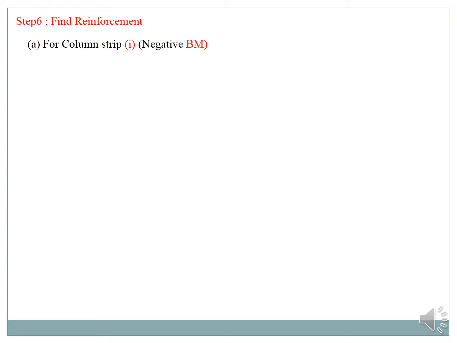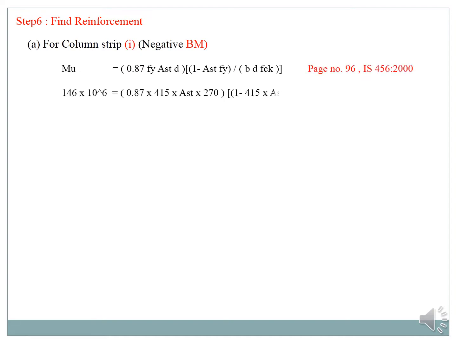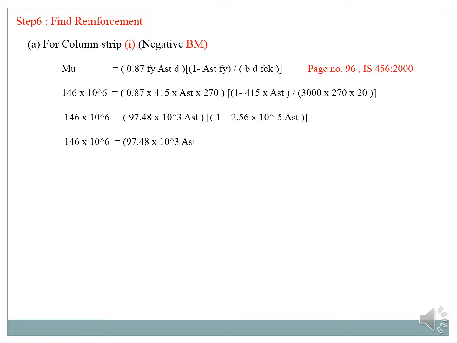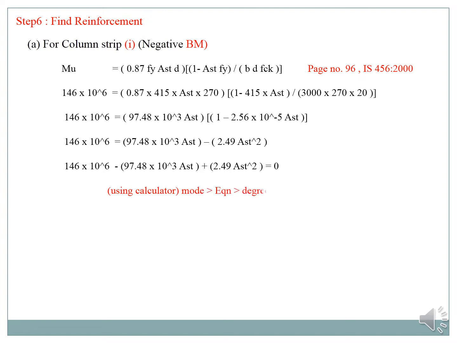So step number 6, find reinforcement for column strip, negative bending moment. M is equal to 0.87 fy Ast d into (1 minus Ast fy by b d fck). This formula is taken from our code book IS 456 2000, page number 96.